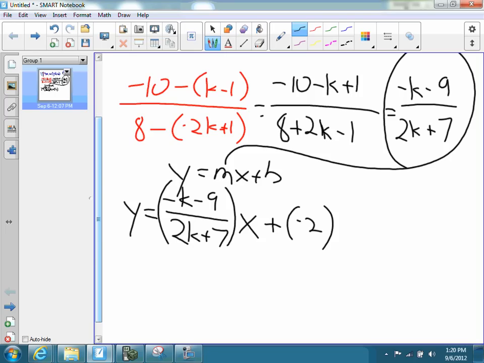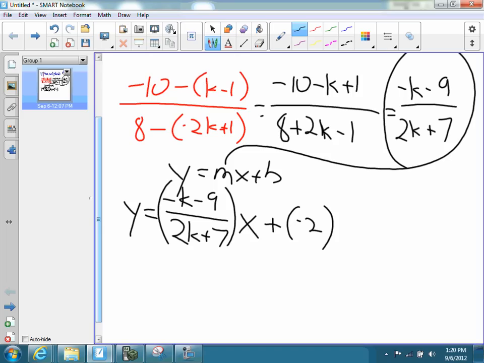We have our b and we figured out our slope, but we still have to figure out what k is. We have too many variables here.